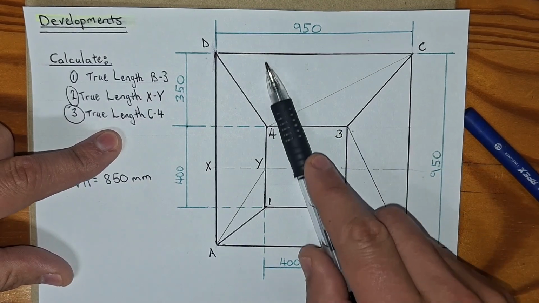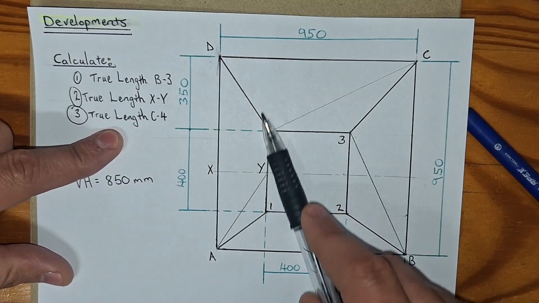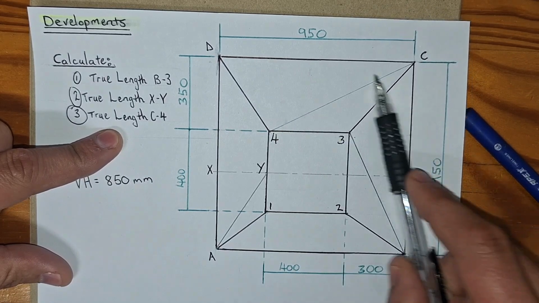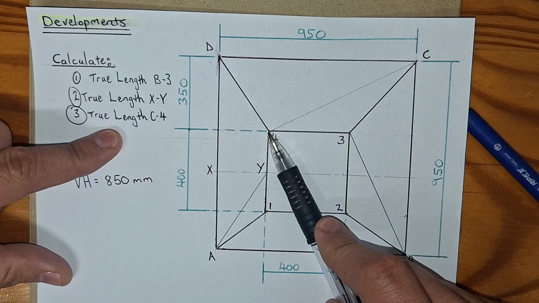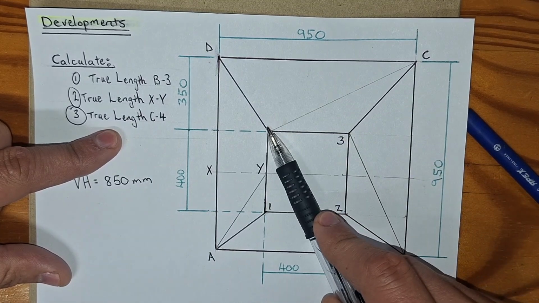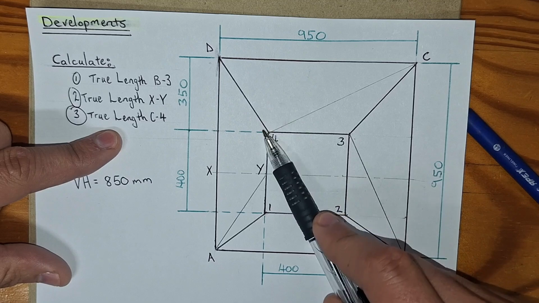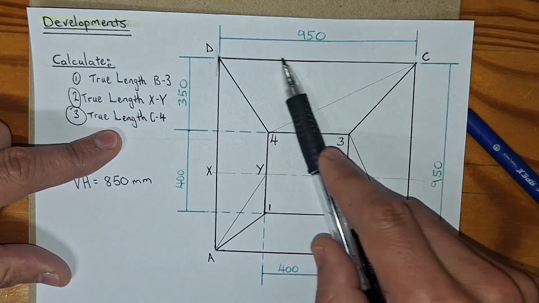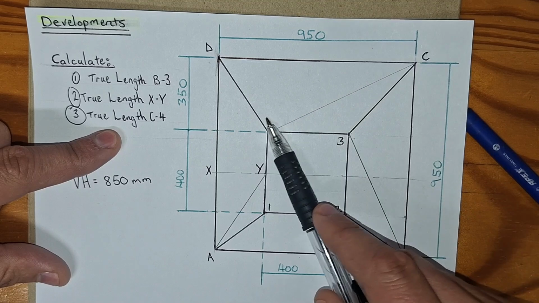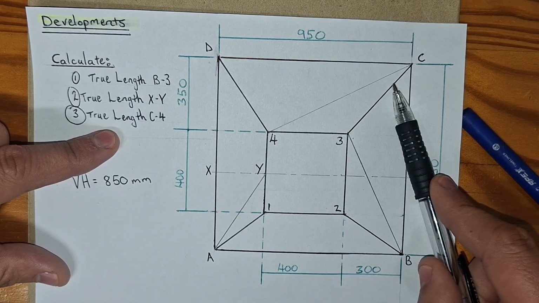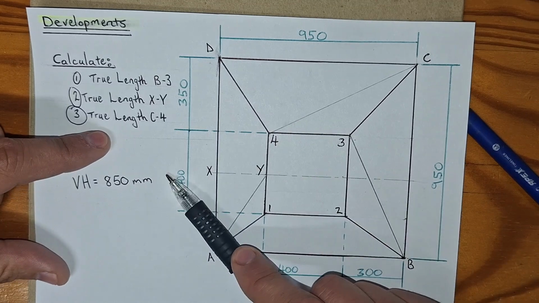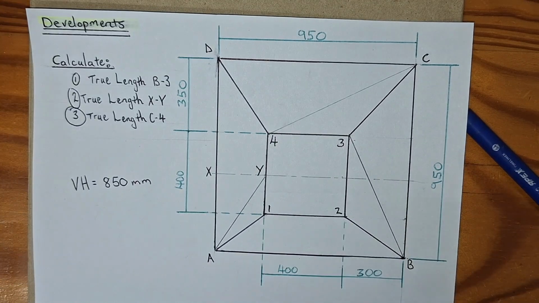We will draw a vertical line going up here so that we have a 90-degree triangle when looking at the view from the top on a two-dimensional plane. Then we take this distance and this distance, put them in the Pythagoras theorem to get the base length C4, and thereafter put that in proportion with the vertical height, which is 850, to get the true length for C4.